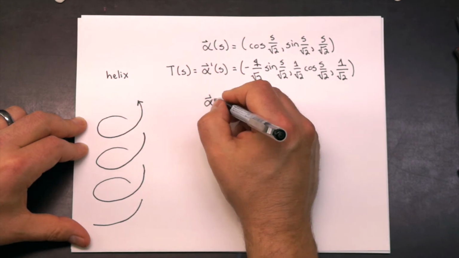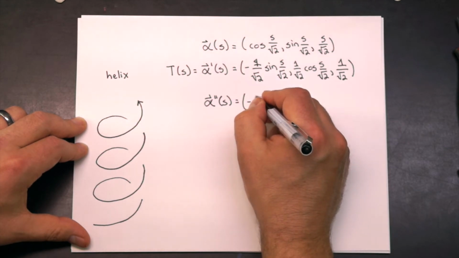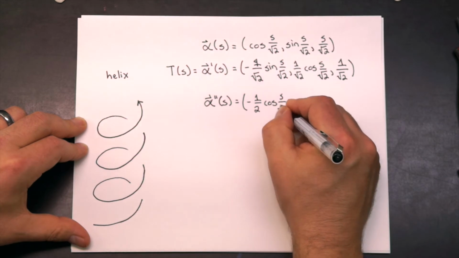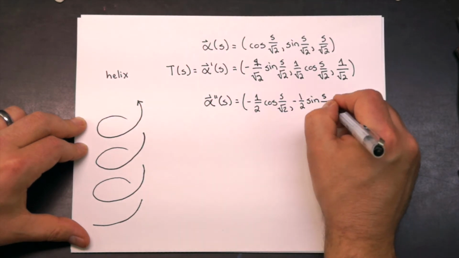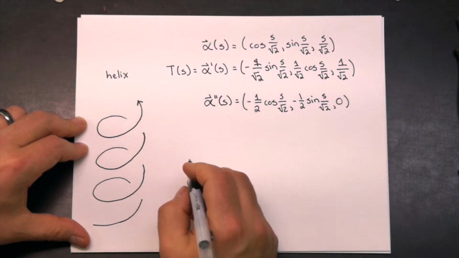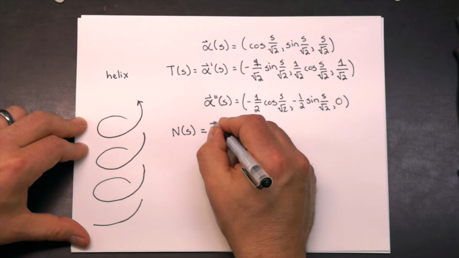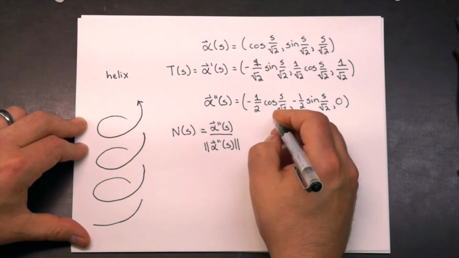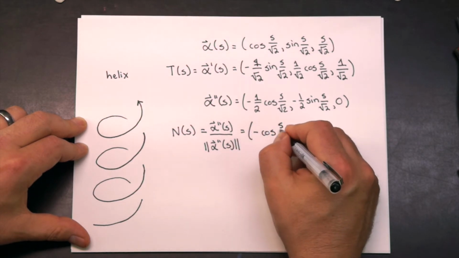To compute N of s, we start by computing alpha double prime of s. That's (-1/2 cos(s/√2), -1/2 sin(s/√2), 0). Now to compute the normal vector N of s, we have to find a unit vector pointing in the same direction as alpha double prime.